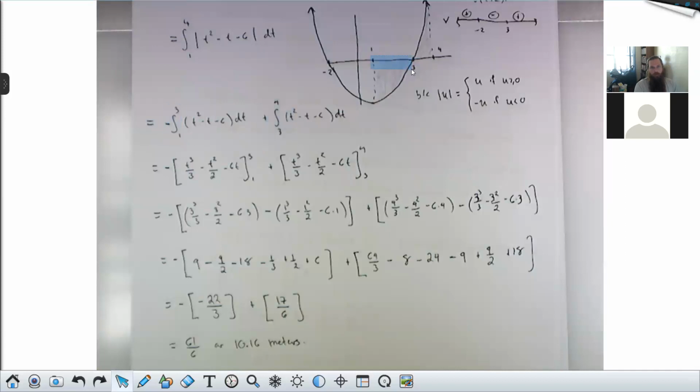Because from 1 to 3, my function is negative. So I do the integral from 1 to 3, and I slap a negative out front to make that positive. And then separately, I do the integral from 3 to 4, and I don't have to do anything special there because my velocity function is already positive. So the 1 and the 4 came from the problem.